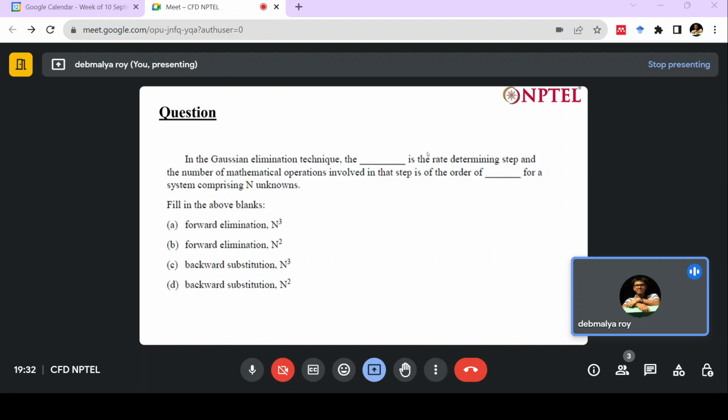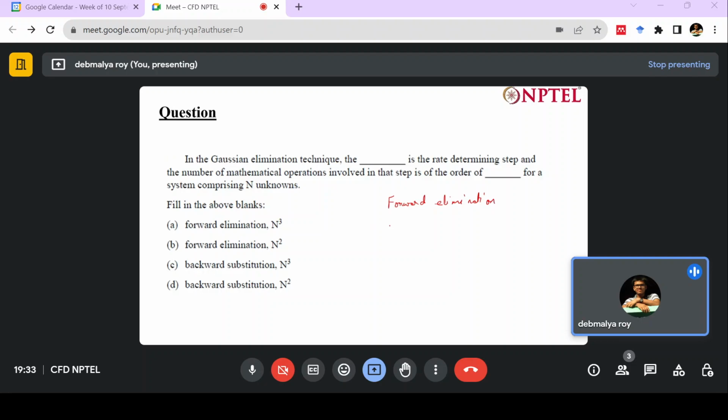There are mainly two operations here, what we had discussed. One is the forward elimination. What is forward elimination? It is the process by which we convert the coefficient or the augmented matrix into a row echelon form, into the upper triangular matrix.